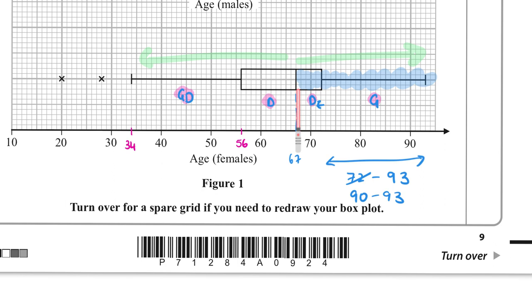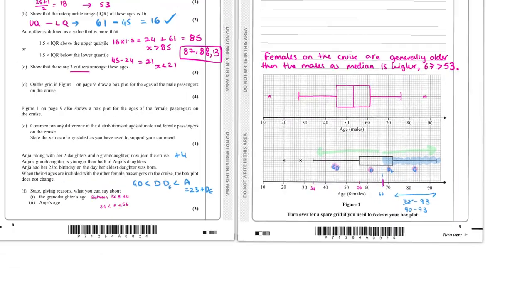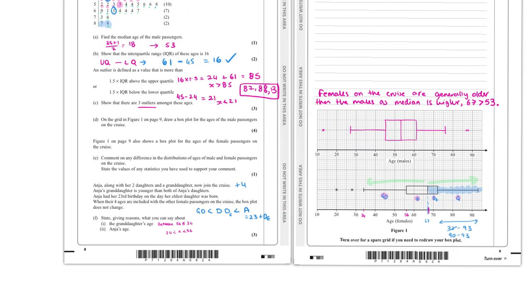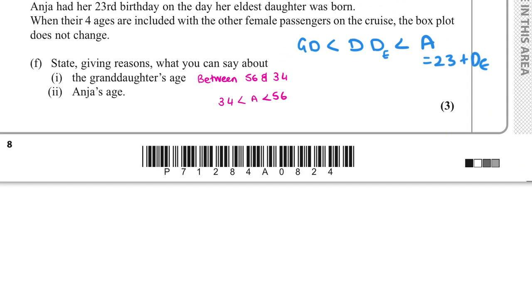The grandma is still 23 years older. So that's why the grandma's age got narrowed down. So actually, you could say the grandma, which is Anja, has an age between 90 and 93. Now, in terms of less than or equal to, they're not going to worry too much about that.